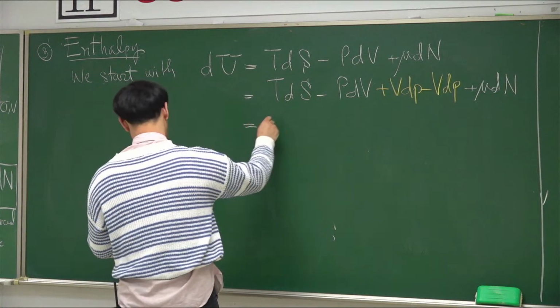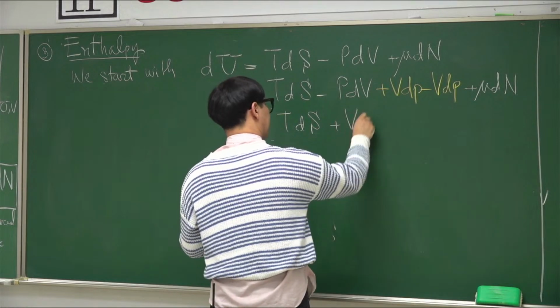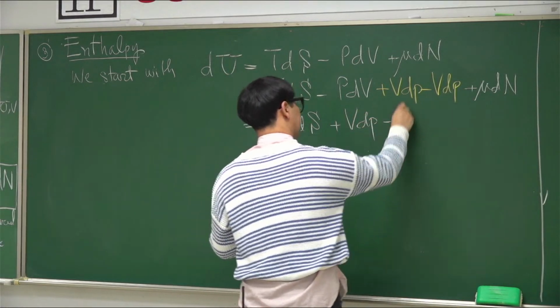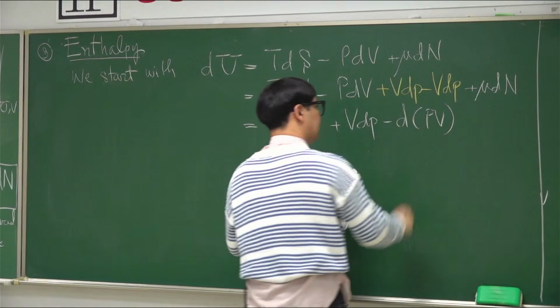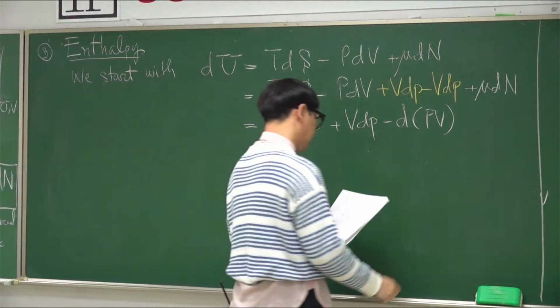So it means that what we have now is this derivative of the product of the P and V, right?